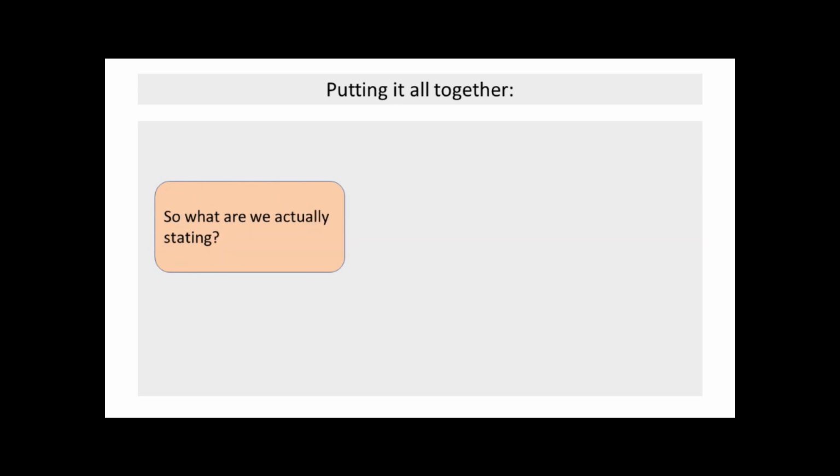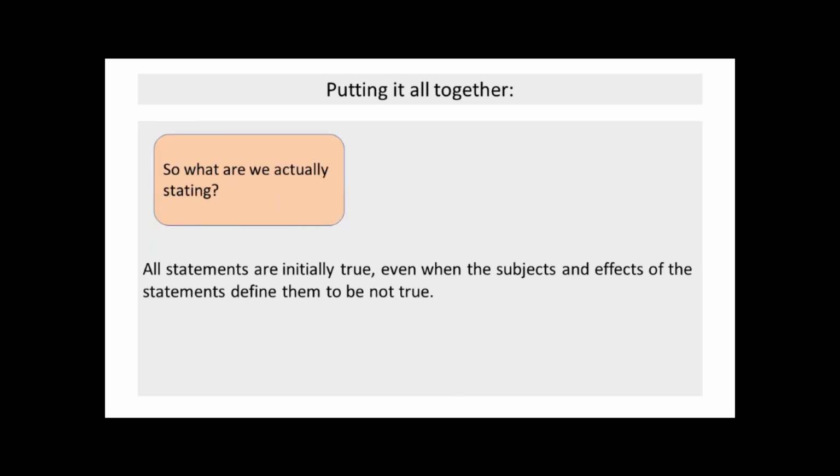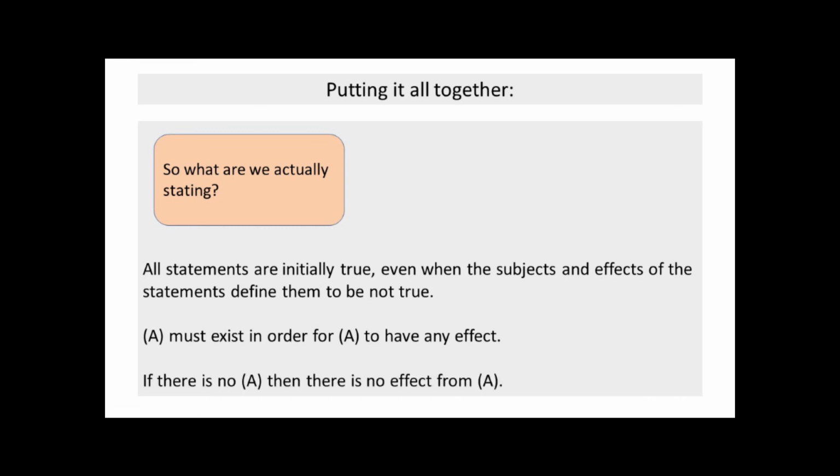So what are we actually stating? All statements are initially true, even when the subjects and effects of the statement define them to not be true. A must exist in order for A to have any effect. If there is no A, then there is no effect from A.